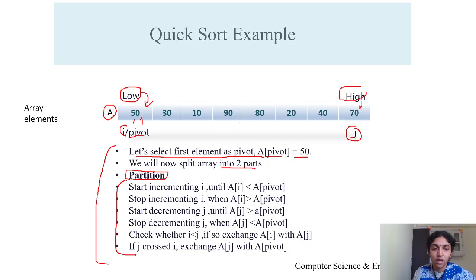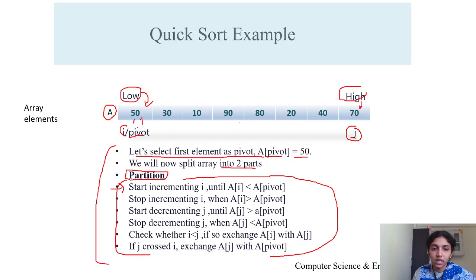So partition has the following set of operations, which are performed continuously again and again until some condition is true or false. The first operation is: start incrementing i until a of i is less than a of pivot.